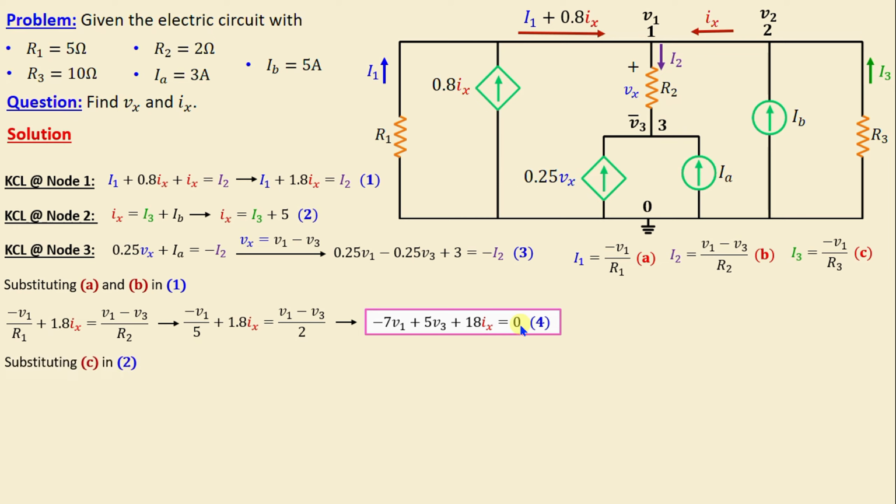By substituting now C in 2, we can write Ix is equal to negative V1 over R3 plus 5, and if we replace R3 with its numerical value, we obtain V1 plus 10 Ix minus 50 is equal to 0.